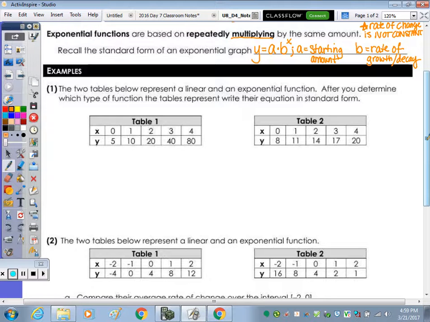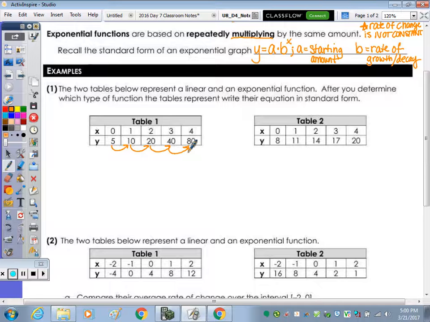If we look at table number 1, the x's are increasing consecutively, 0, 1, 2, 3, 4. They differ by 1. And in table 2, the x values also increase by 1, in consecutive order of 0, 1, 2, 3, and 4. What's different is that your y values here, going from 5 to 10, 10 to 20, 20 to 40, that change of y is not the same.